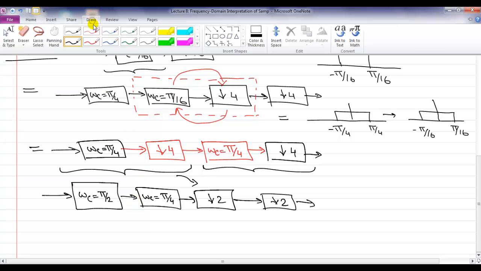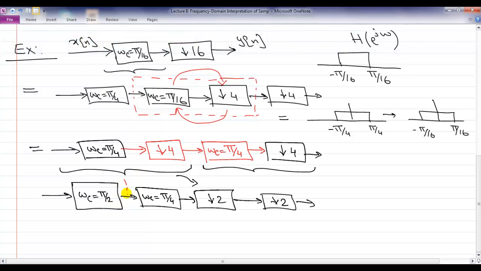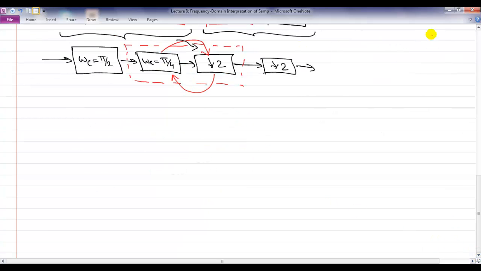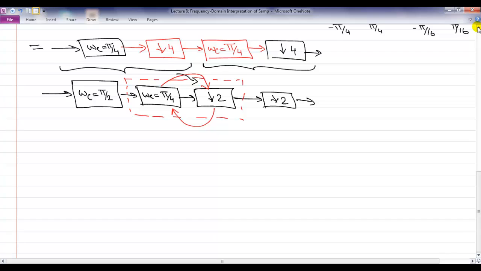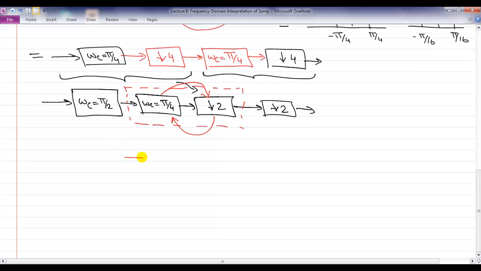And again, I can say I want to apply the identity to this block, which means I bring decimation first and the filtering later. What do I do to do that? I just scale my frequency axis by a factor of 2, which means that my new cutoff becomes π/2. So I bring the decimation by a factor of 2 first, and then I do a cutoff of ω_c equal to π/2.